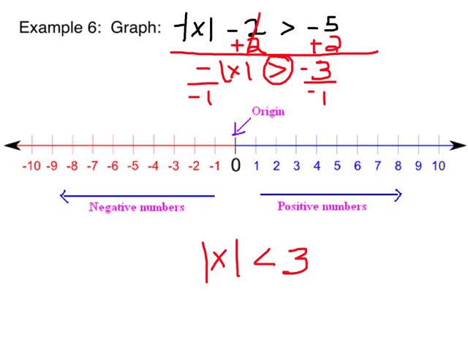Remember, we have to reverse the symbol. So this is what we're actually going to be graphing. The absolute value of x is less than 3. It is not equal to 3, so we're going to put open circles on both of the 3's, and it will be everything in between.